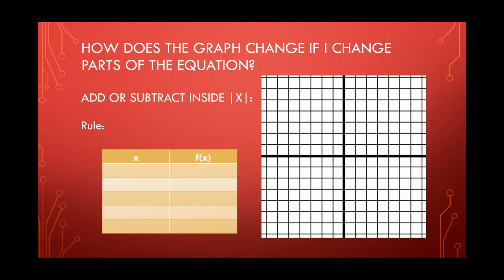And then last one. What happens if I add and subtract inside? And that's where we talked about that h value, right? F of x equals x minus h. Why do you think I'm doing a minus on the inside?